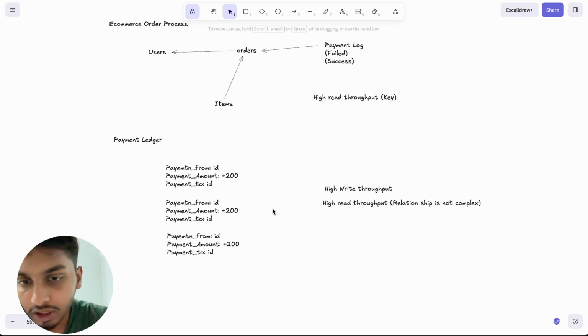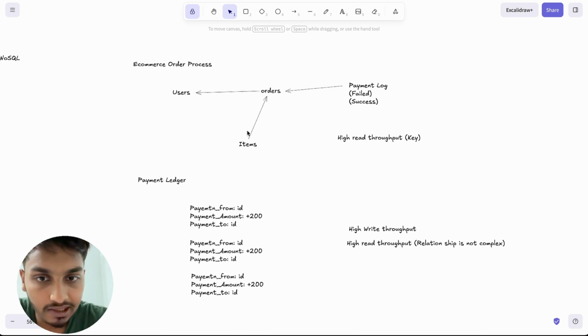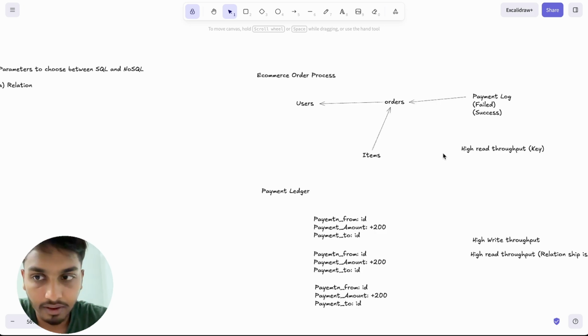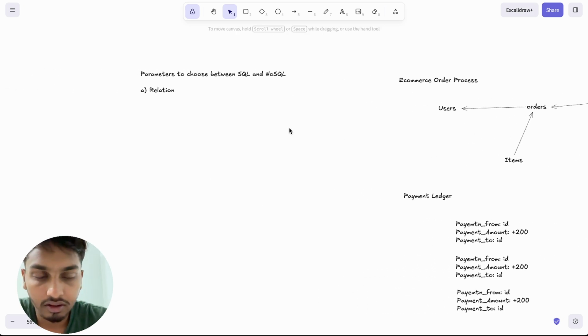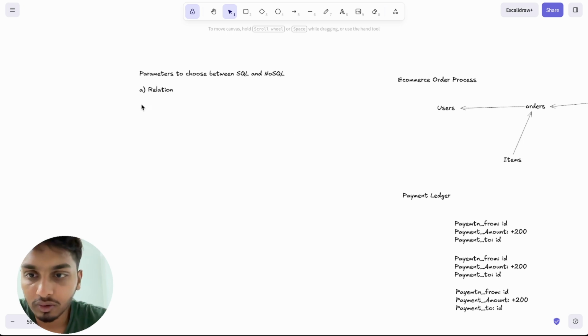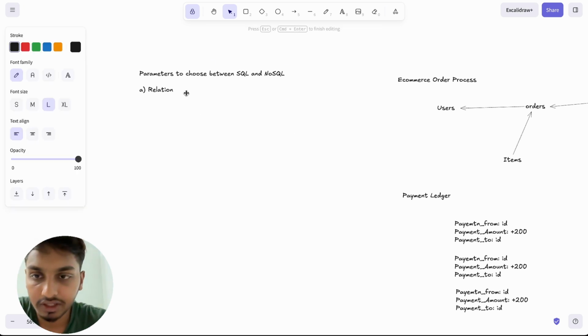NoSQL stores data in append-only format, while SQL makes relations, so that we get high read throughput in case of complex relationships. So the first point is relation, which is the primary difference.